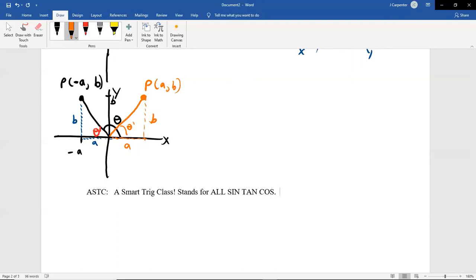What this does for us, this describes which trig functions out of the three primary, sine, cosine, and tangent, are positive in which quadrant. So in quadrant 1, they're all positive. Quadrant 2, it's only the sine that's positive.